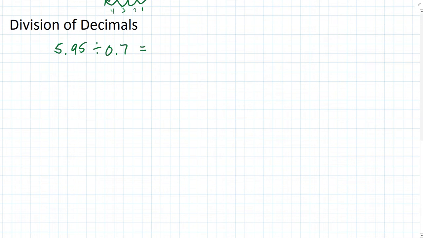It's going to equal some number. Let's go over the vocabulary. The 5 and 95 hundredths is going to be called the dividend. The 0 and 7 tenths is the divisor. And the answer to the division question is called the quotient. So those are the 3 vocabulary words, and I'm going to use them in my explanation right now.